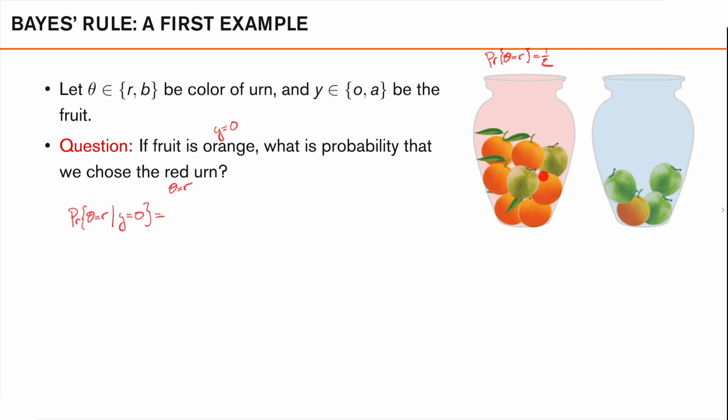So the probability of picking an orange from the red urn would be 6/8 or 3/4. Mathematically, we would write this as probability of y being equal to orange conditioned on we picked from the red urn. And this is 3/4.